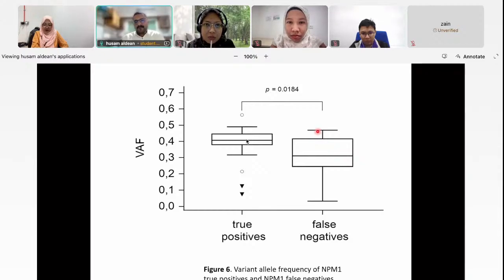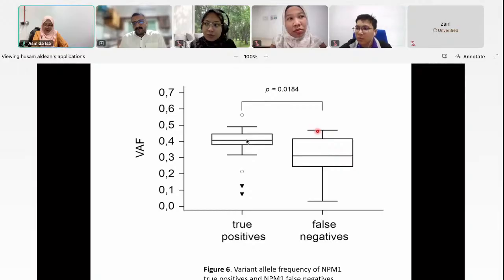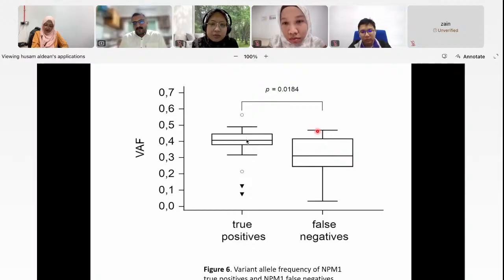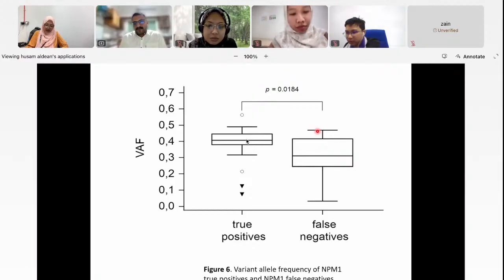But what I'm trying to see here is, they say that the model was good and everything, the performance measure, but I just don't understand how they relate to this variant allele frequency.